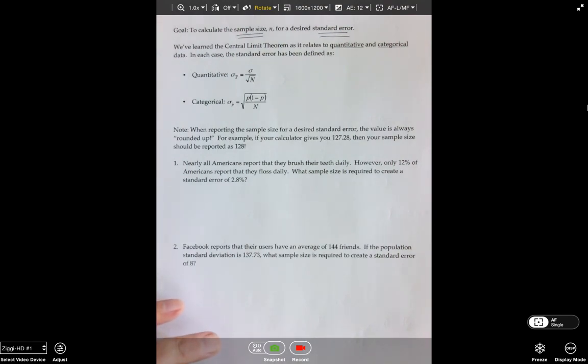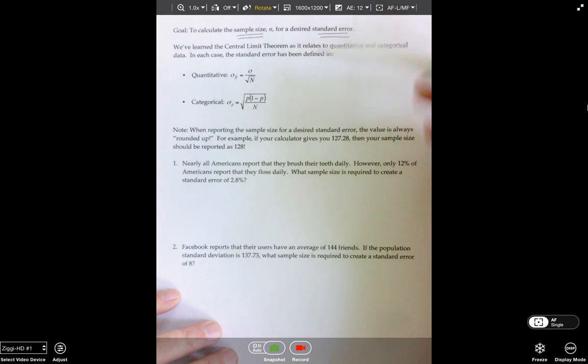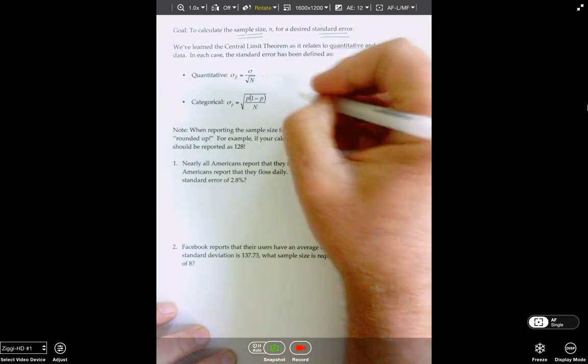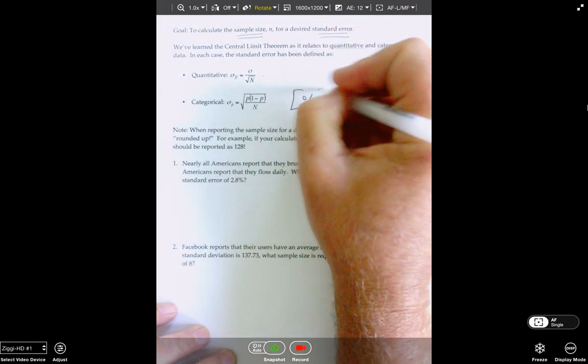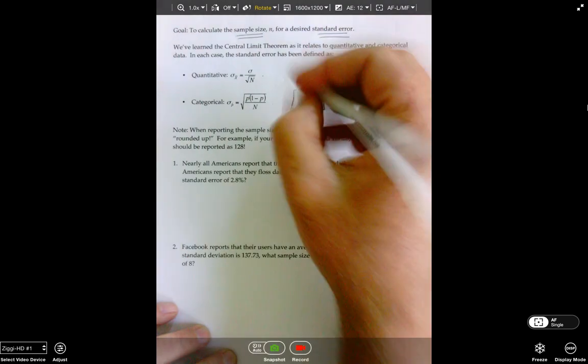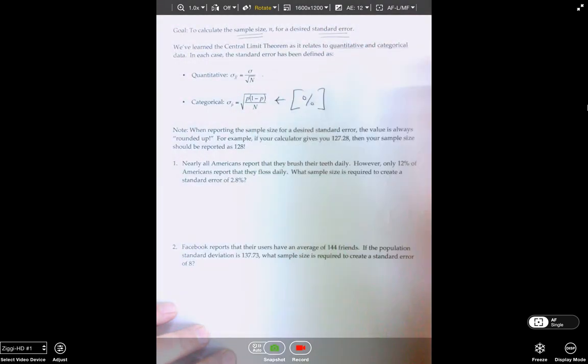So we've learned the central limit theorem as it relates to quantitative and categorical data. In each case, the standard error is different. It's defined as this when we have quantitative stuff. It's defined as this when we have categorical. What defines categorical? Guys, when what you're given in the problem is a percentage, you can almost be guaranteed you have a categorical problem.